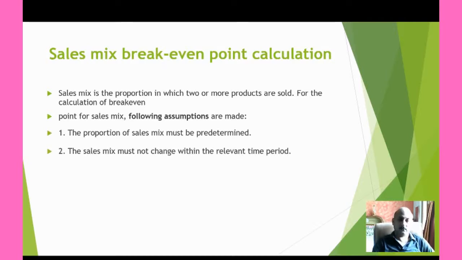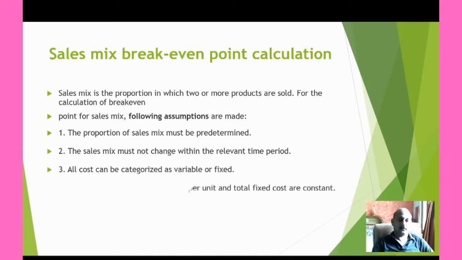And the last point is all units produced are sold. So these are the assumptions. The calculation method for break even point of sales mix is based on the contribution approach method.